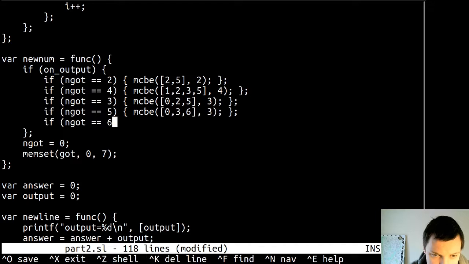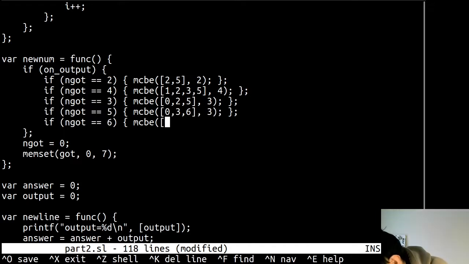And if ngot is 6, then mark can't be except. Oh no, this is wrong. We don't want the things that are common to the 5-digit ones. If it's 5 digits, yeah, no, this is right, this is right.